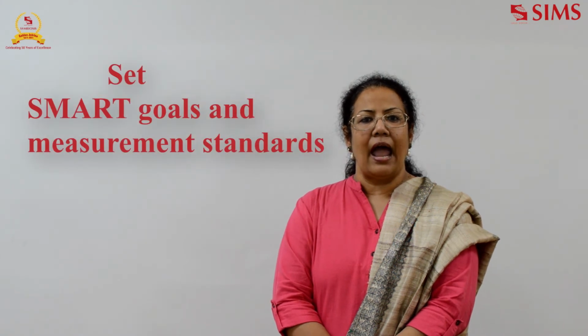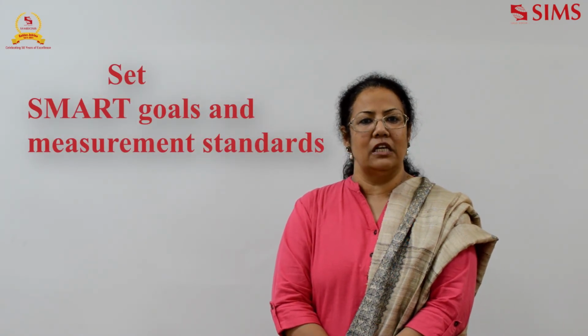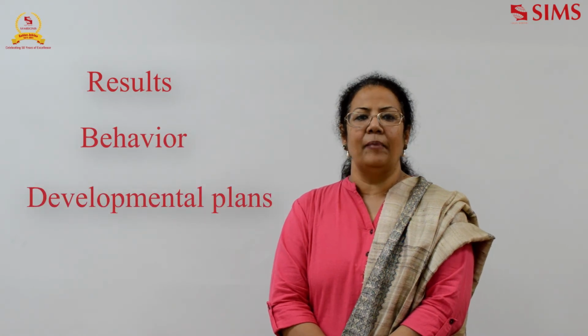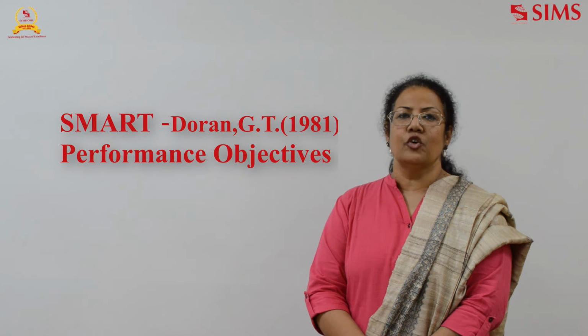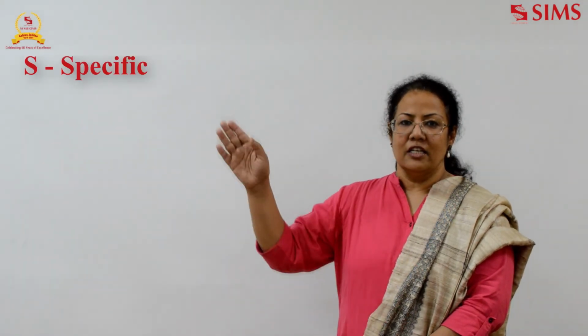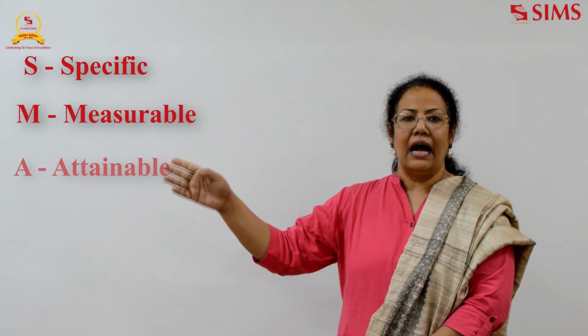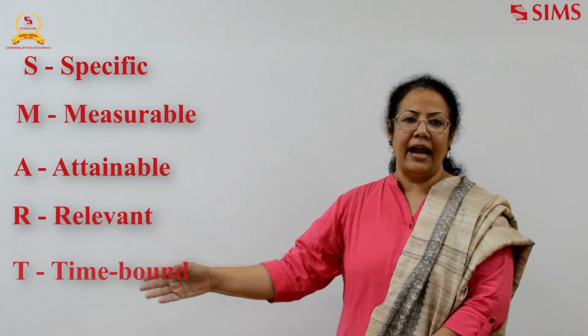The goals which are set should be SMART goals, and measurement standards of these goals should also be fixed. So a focus should be on results, behavior and developmental plans of employees while fixing these goals. We say that these performance objectives should be SMART. SMART stands for specific, measurable, attainable, relevant and time bound.